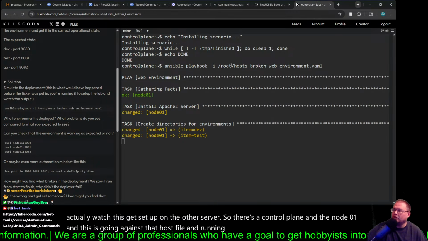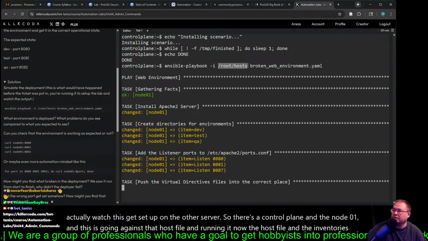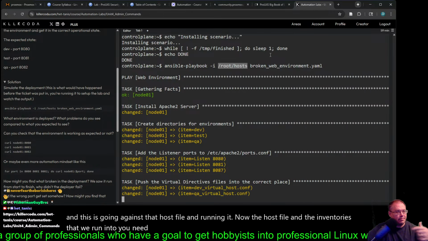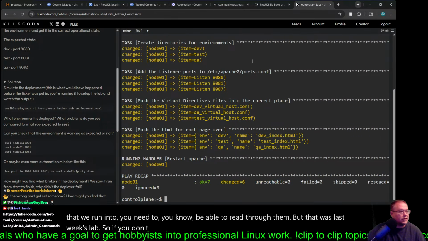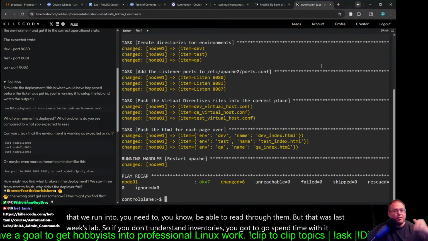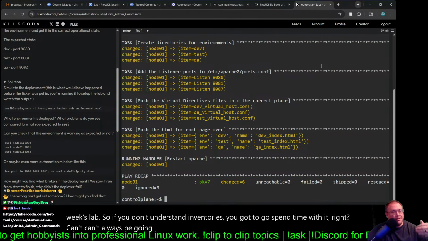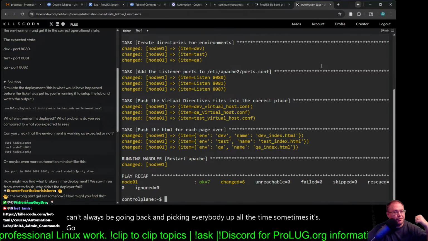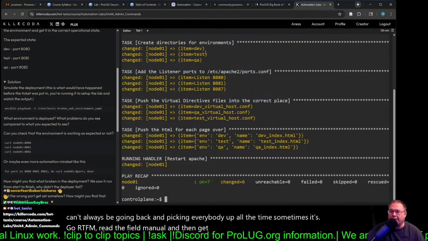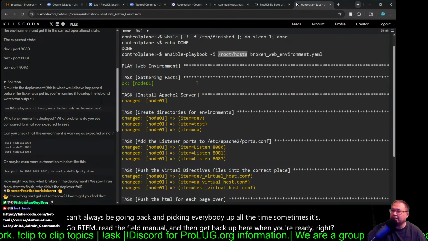Now, the host file and the inventories that we run into, you need to be able to read through them, but that was last week's lab, so if you don't understand inventories, you've got to go spend time with it, right? Can't always be going back and picking everybody up all the time. Sometimes it's go RTFM, read the field manual, and then get back up here when you're ready, right? So it says here that it deployed that environment.